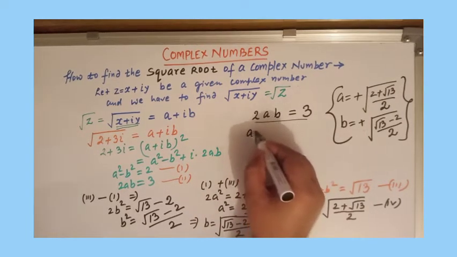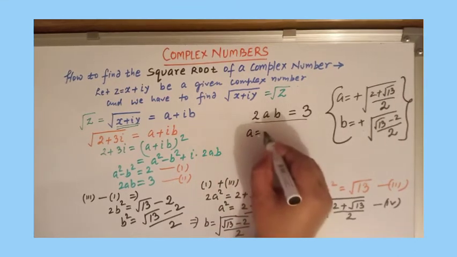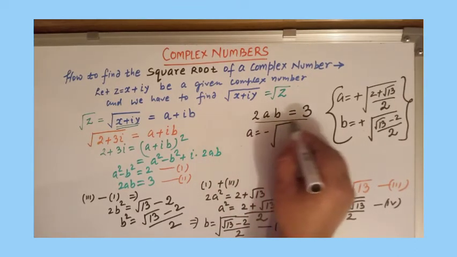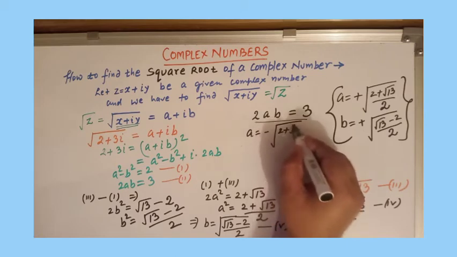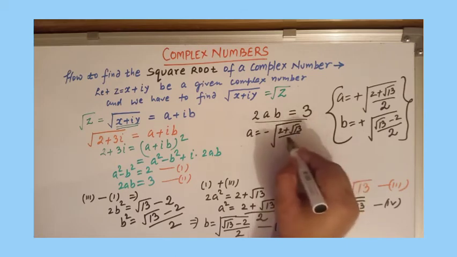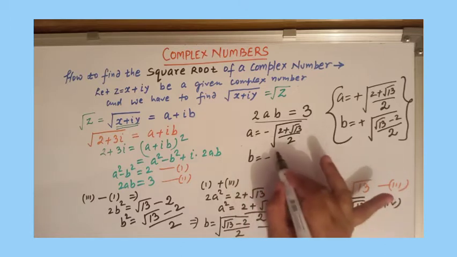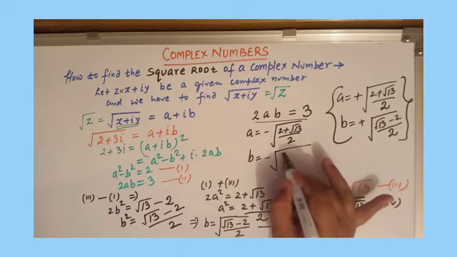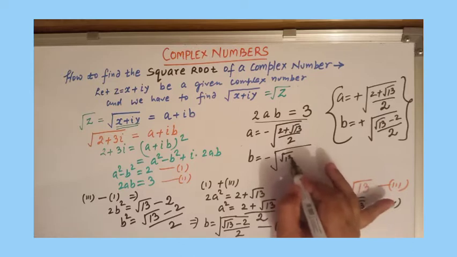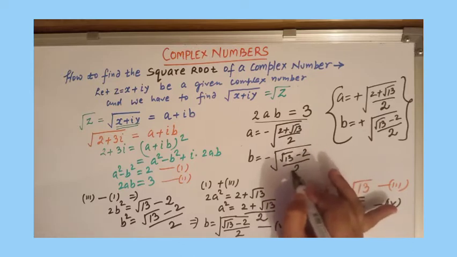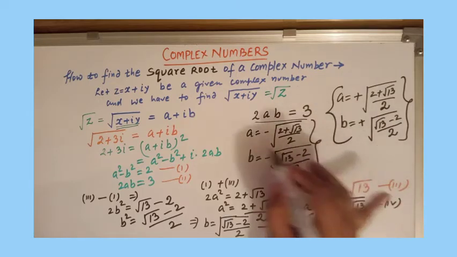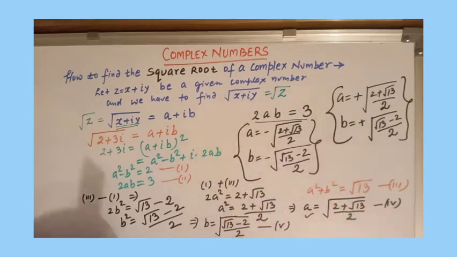That is, if we take a is equal to minus square root of (2 plus square root of 13) divided by 2, and b is minus square root of (square root of 13 minus 2) divided by 2, then we have the other pair of a and b.